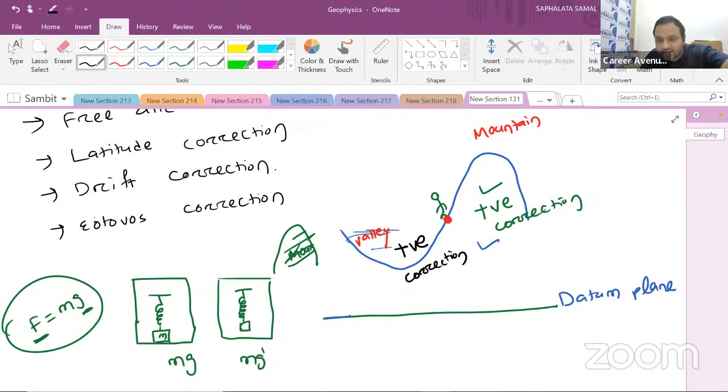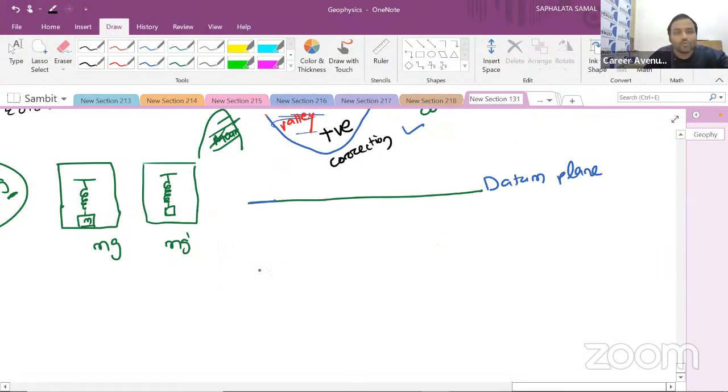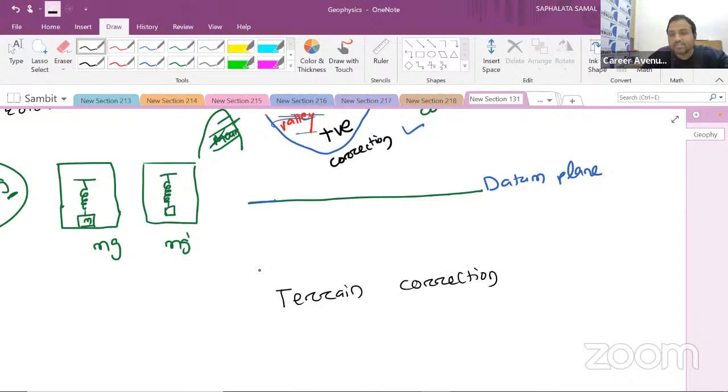So the terrain correction is always positive. This is the only correction term which is always positive. This question also comes very often. They will ask you which correction term is always positive. So I am always adding to the gravity values, whatever correction values I am taking out.